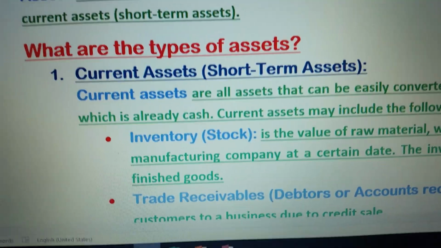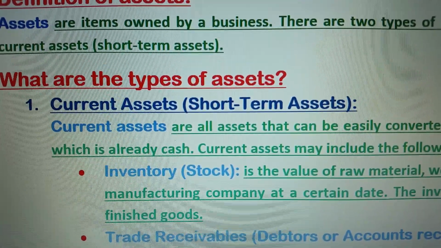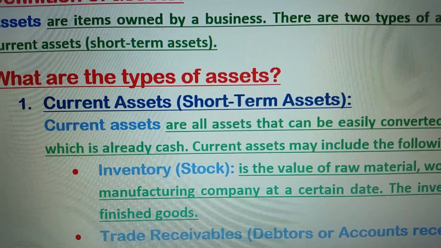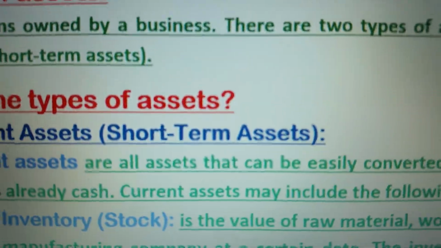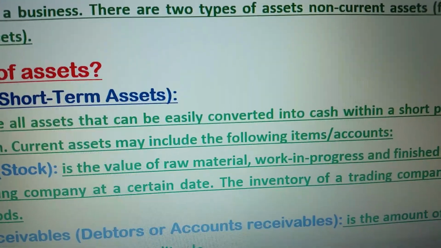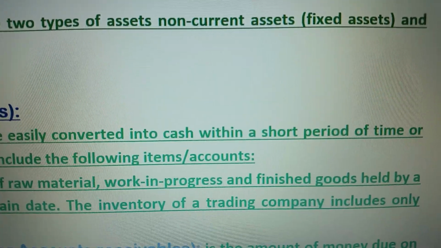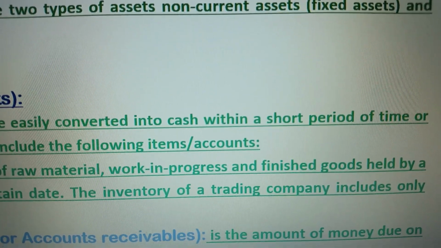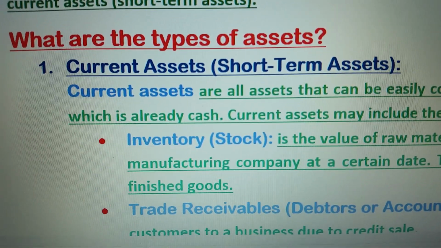Firstly, current assets, which are also known as short-term assets, are all assets that can be easily converted into cash within a short period of time, usually less than a year, or they are already cash.